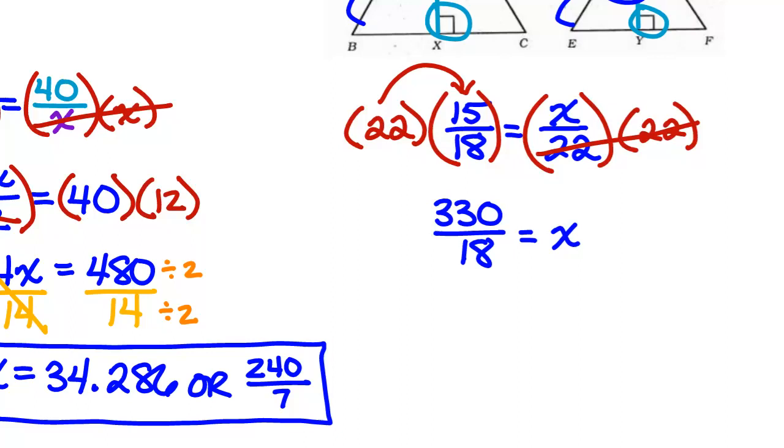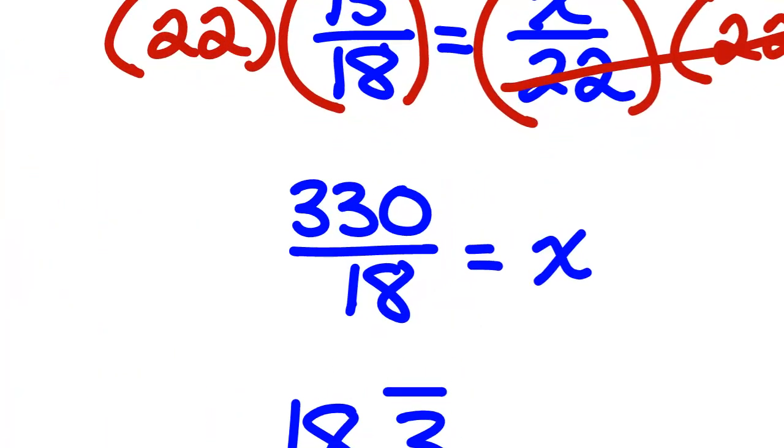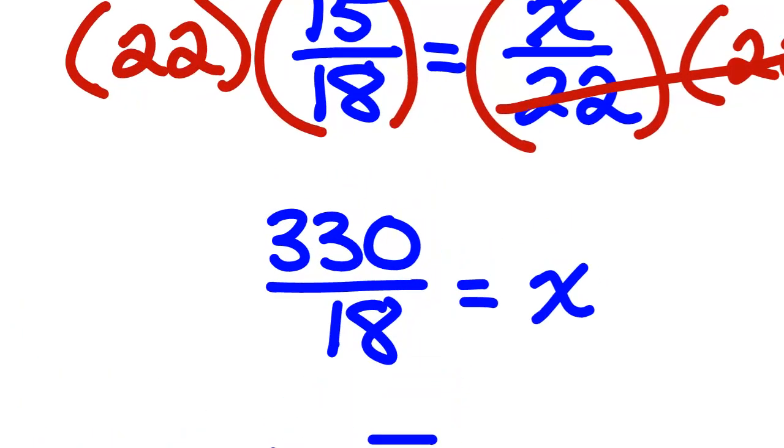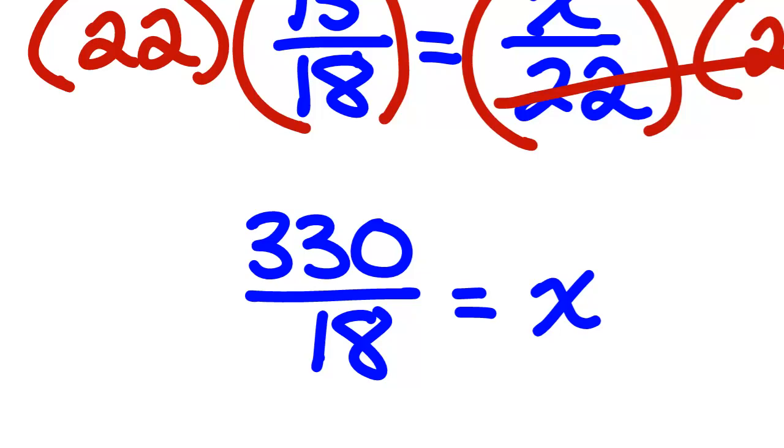What is 330 divided by 18? 18.3 repeating. I'm curious if we can reduce 330 over 18. What would go into both 330 and 18? What'd you say? 2 goes into both of them.